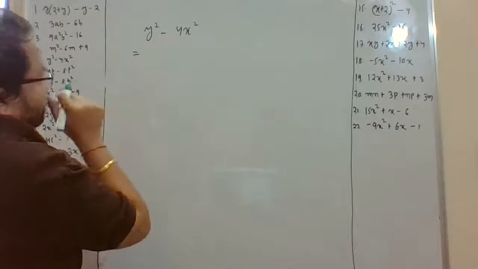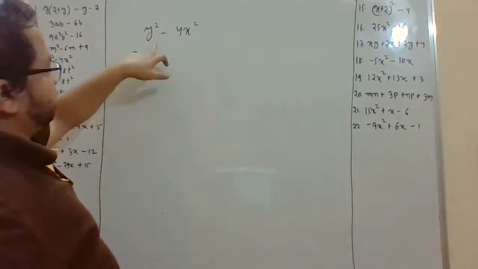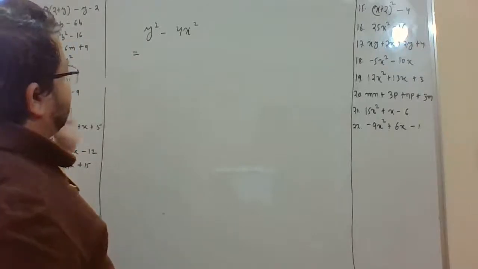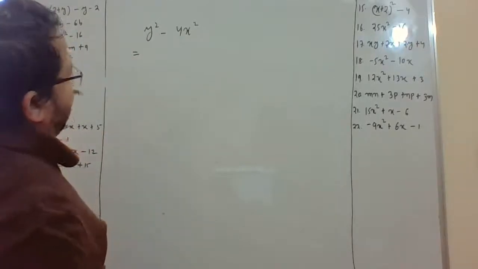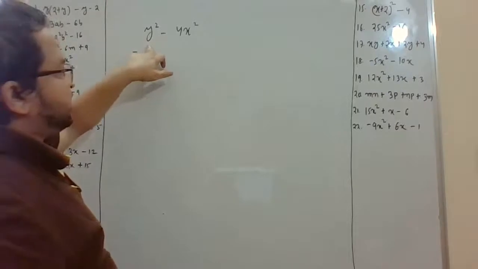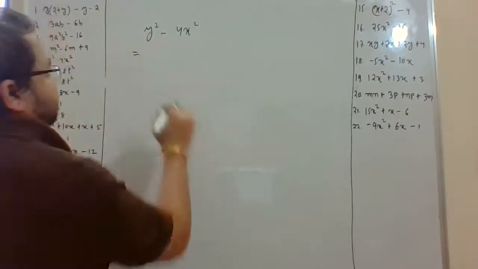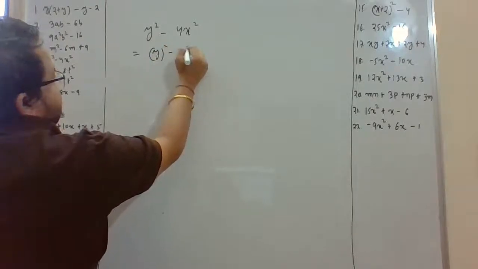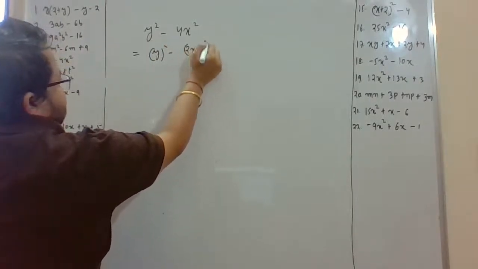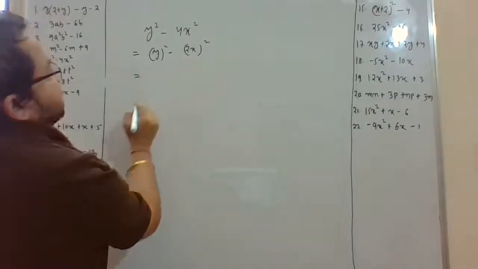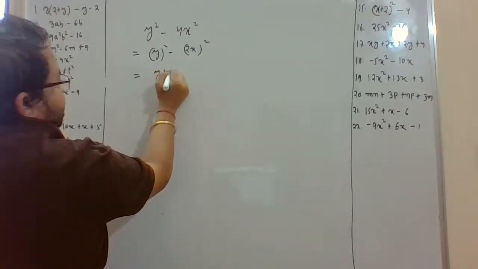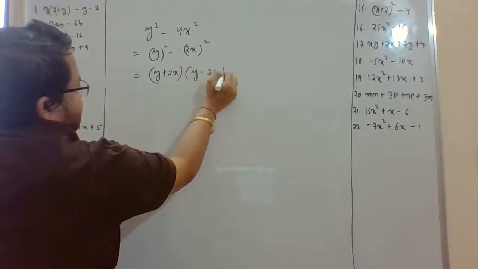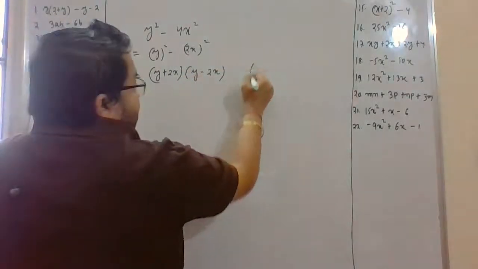Now let's solve it. Very simple. Step number one, there is no common factor. But I can see that I can express it as a difference of squares, right? So that is nothing but y squared minus (2x) squared. So obviously this is nothing but (y plus 2x) into (y minus 2x), and don't forget to write the reason.